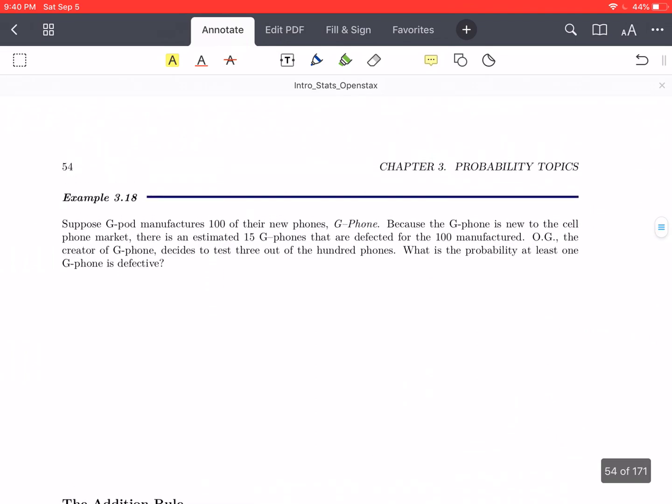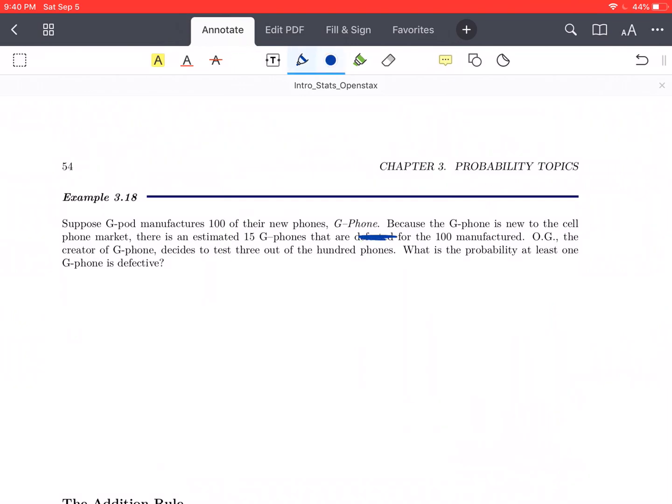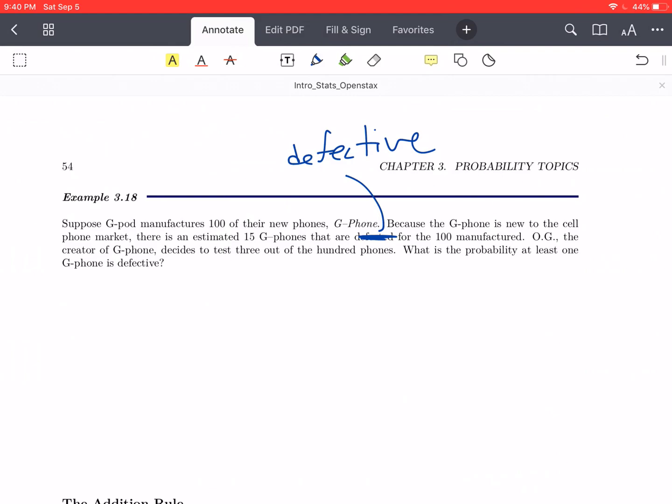Next up, suppose G-Pod manufactures 100 of their new phones, G-Phone. Because the G-Phone is new to the cell phone market, there is an estimated 15 G-Phones that are defected. I think it's supposed to say defective. Are defective for the 100 manufactured.